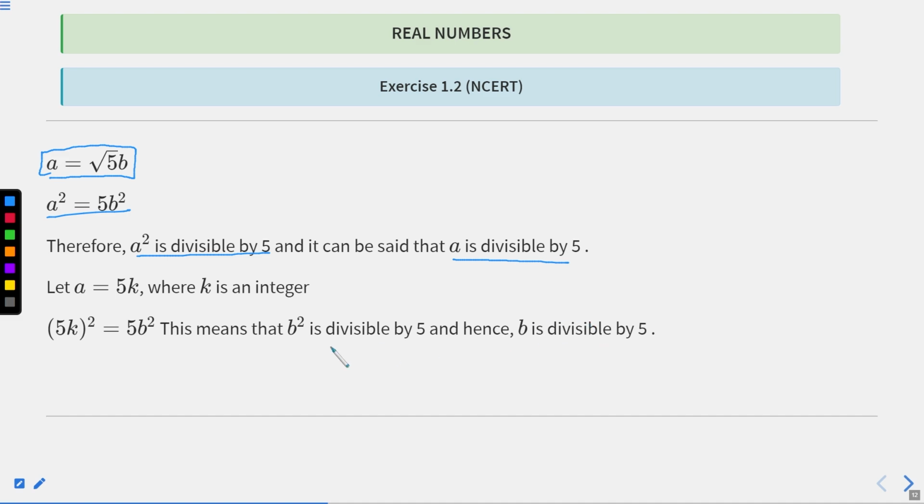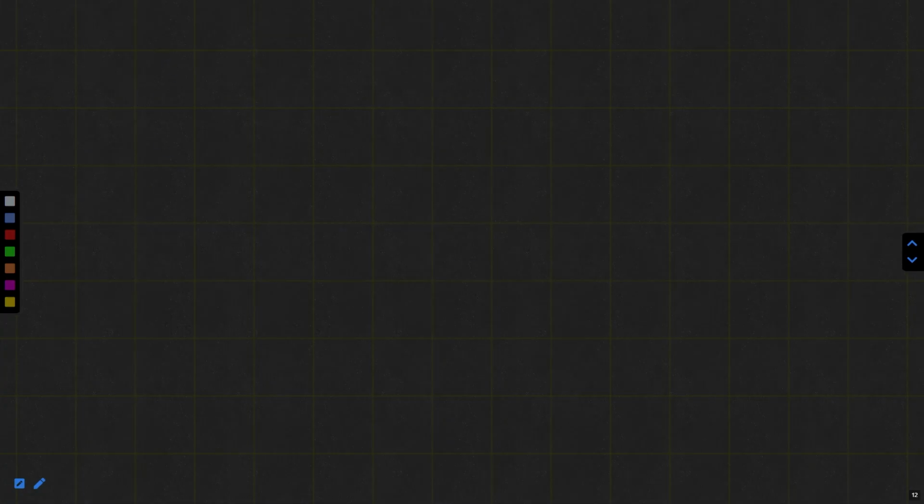In our previous lecture we discussed this theorem. What is that theorem? Let p be a prime number.